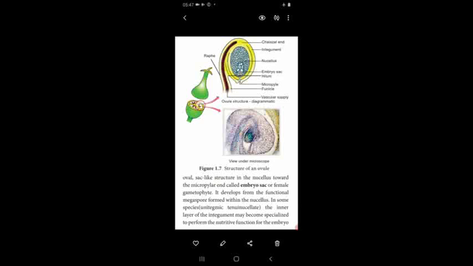So, in some species, the inner layer of the integument acts as a nutritive tissue, that is, the function of the nucellus is done by the integument. That type of ovule is named as tenuinucellate.